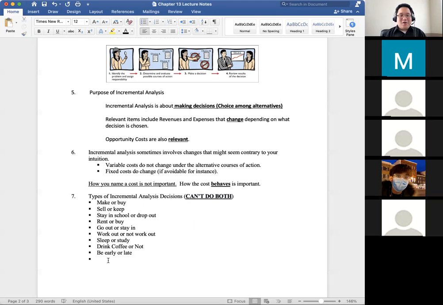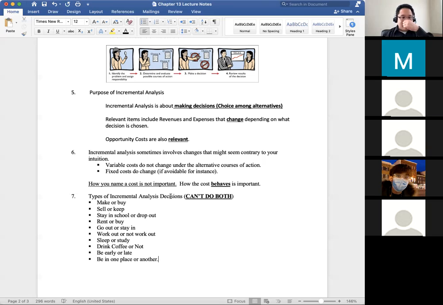Somebody in the other class said you can be in a relationship with somebody or not. And then somebody said, but can't you have more than one relationship at the same time? So maybe that's not a good example. Okay, all right. Be in one place or another. Okay, good. All right, so you get the idea.